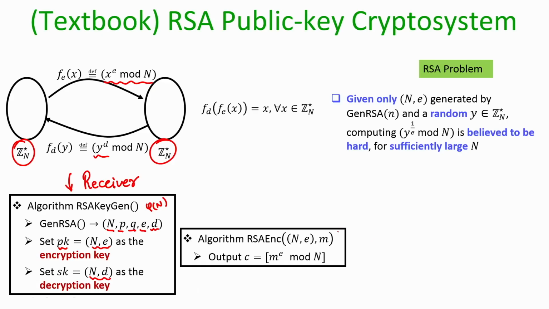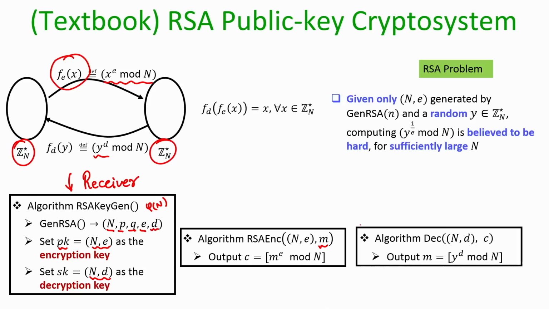If there is a sender who has a plaintext m which he wants to encrypt, then encryption of m is nothing but computing the forward direction function as per the RSA function, namely just output m to the power e modulo n.